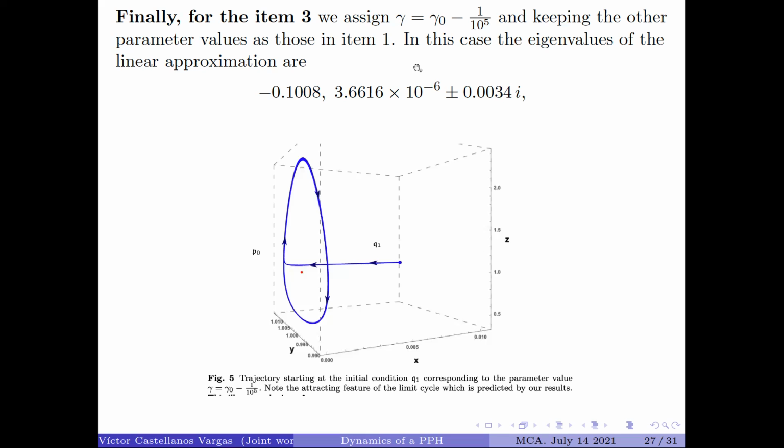Then, to find the limit cycle, we work around the bifurcation parameter. So we use values of the parameter gamma near the bifurcation parameter. Okay.